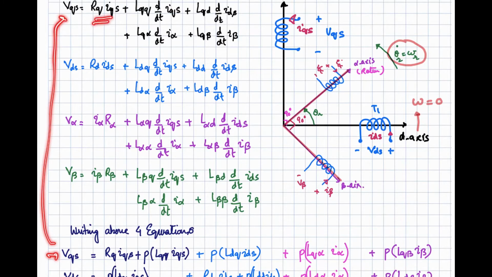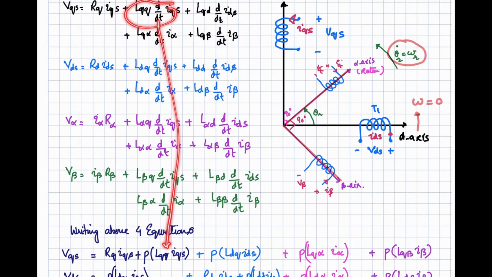So R_Q into IQS, the first term, then we are just representing this derivative with this symbol P, right? So derivative of L_QQ IQS, L_QQ is the constant term, basically the derivative is of IQS. Okay, so this term is represented like that, and both are related to the current IQS.